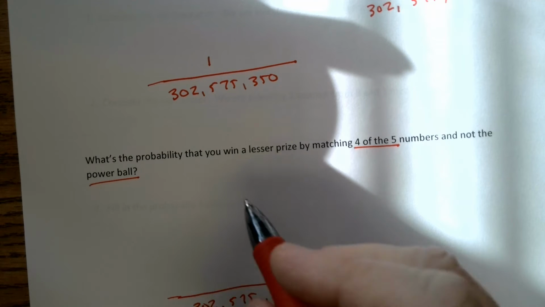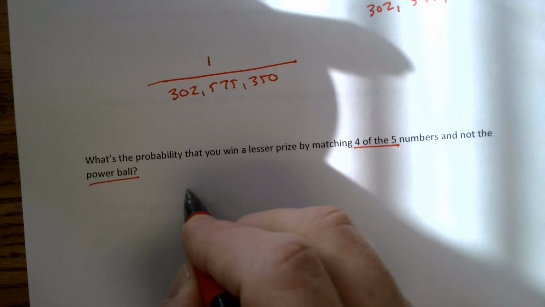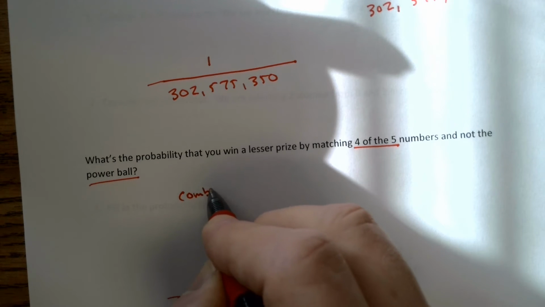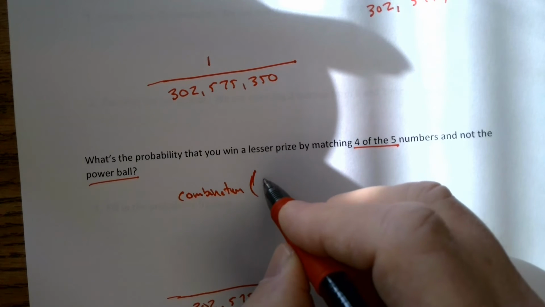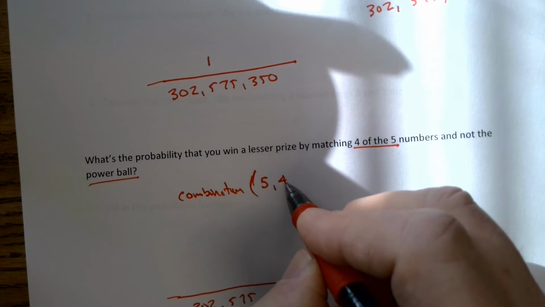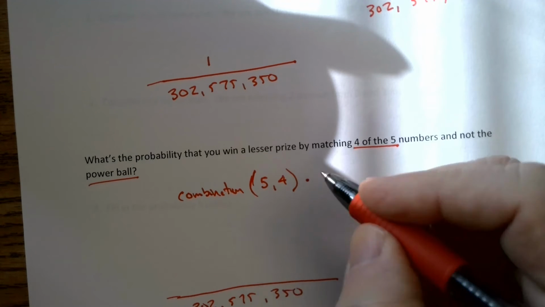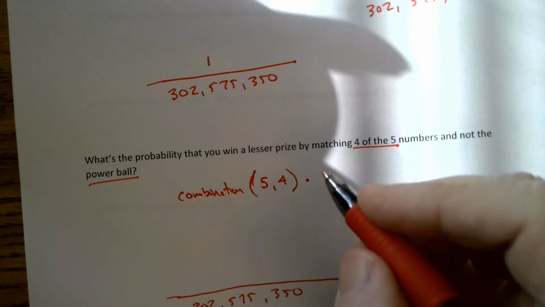Okay, so here's what I got. I need to win 4 out of 5, so I need to do a combination, and how many ways can I get 4 out of 5? Times, then I got to make sure there are 65 wrong numbers.